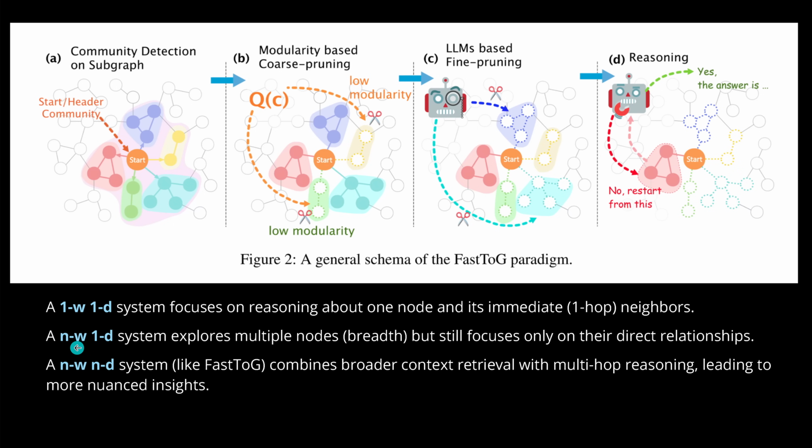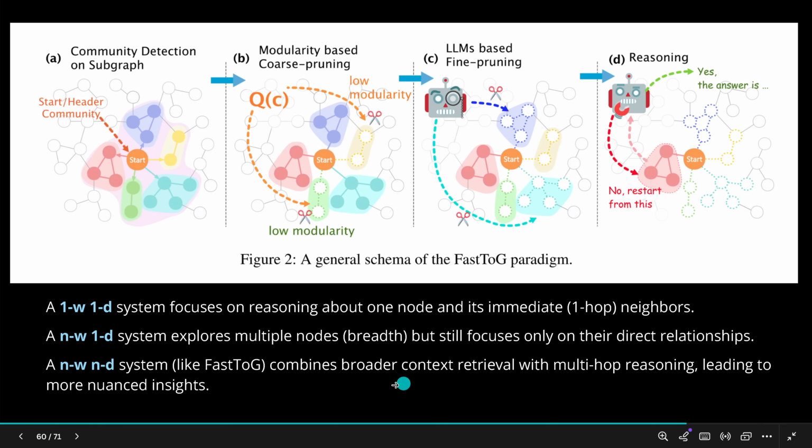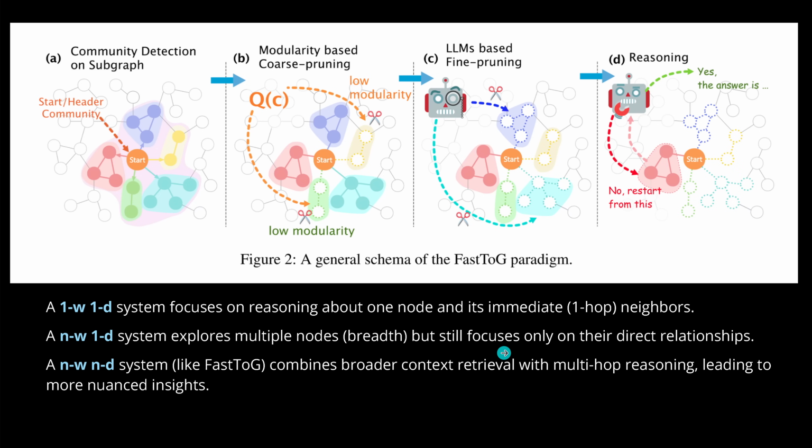This simply has multiple nodes, but still focuses only on their direct relationship to their next situated node. But of course, the beauty comes in if we have an NW, ND system, like we have in Fast Thinking on Graphs. And this combines broader context retrieval with multi-hop reasoning, leading now really to the complex reasoning insights that we need for scientific deductions.